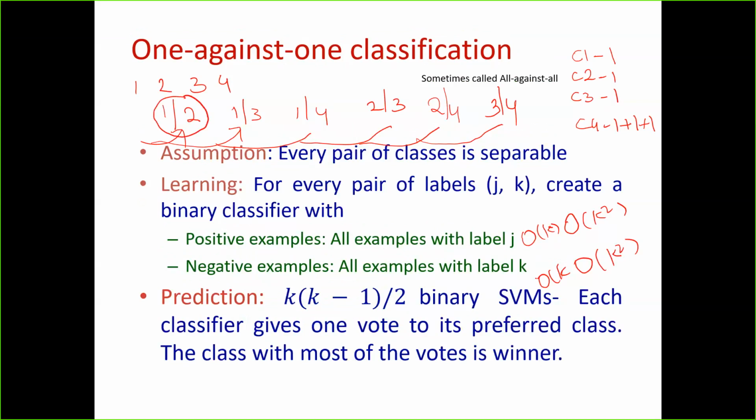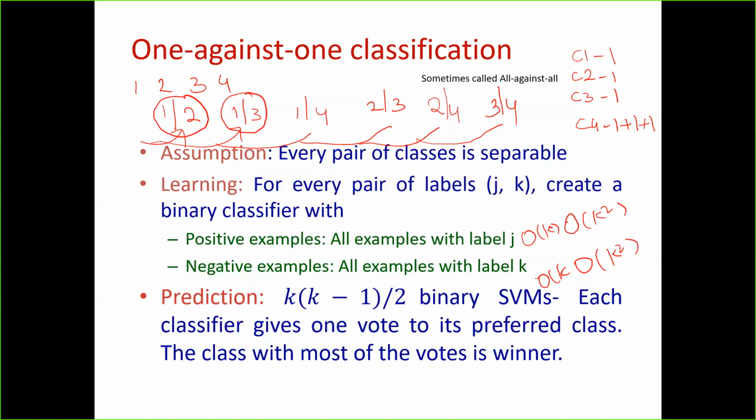You're ignoring the rest of the instances. Similarly, when any pair of labels is considered, you are only considering instances from those 2 classes. It means at any point of time, you are considering only part of the data set for training. It means there is a chance that the training data is smaller.